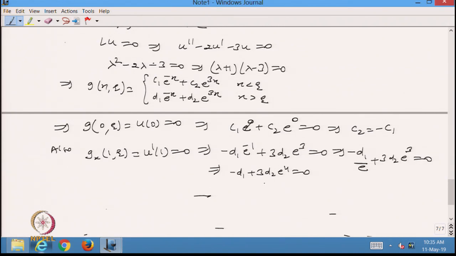So, from here I can find that my d2 will become, so I can take the d1 here 3 times by e raised to power 4. So, this will be 3 times e raised to power minus 4 d1. So, that will be my value of d2.